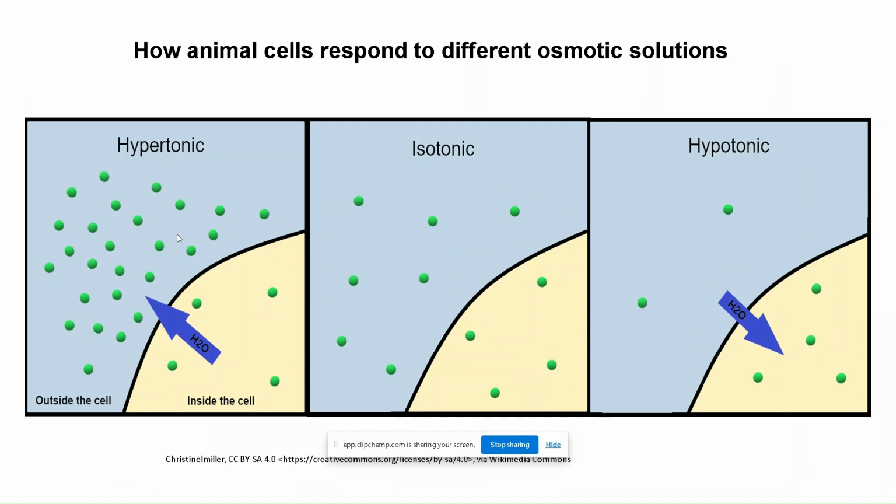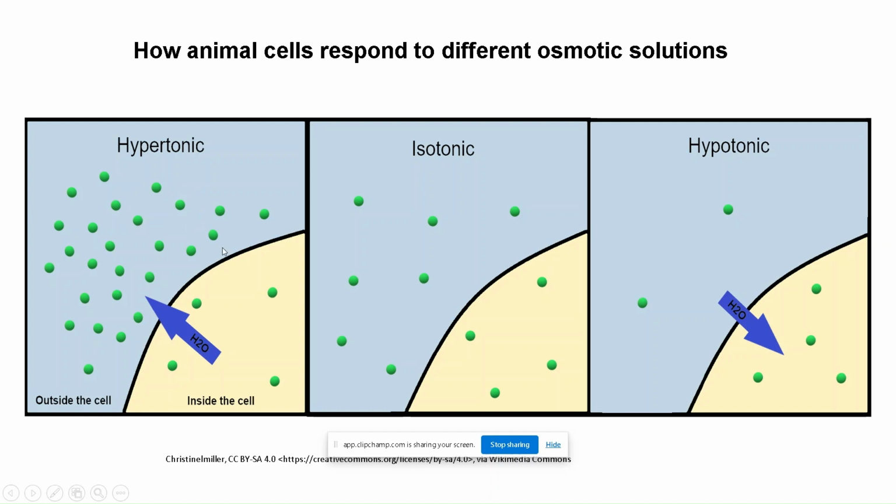Now, by changing the solute concentration, we can make three different types of osmotic solutions. That is hypertonic, hypotonic, isotonic. So hypertonic means the solution has more solutes in it.